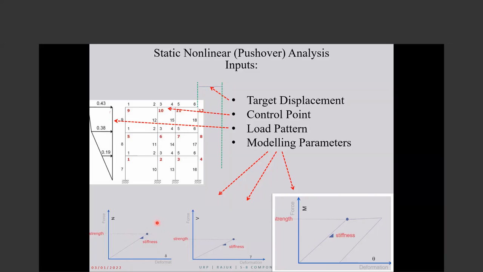If it passes, again, the building collapses. If any of the force control actions passes the limit, the building collapses. That is the second possible ending for the pushover.